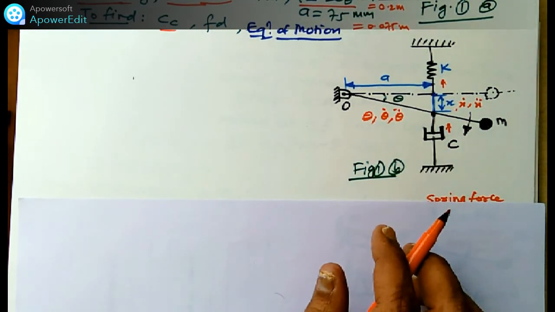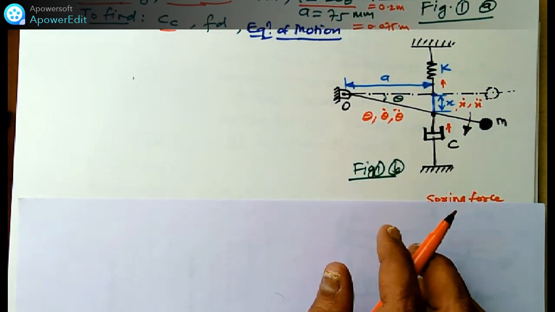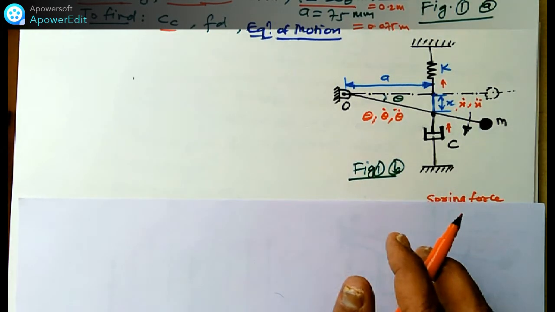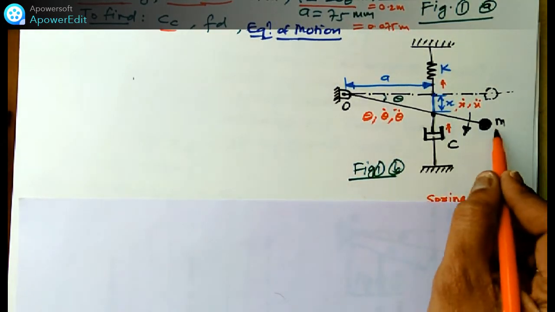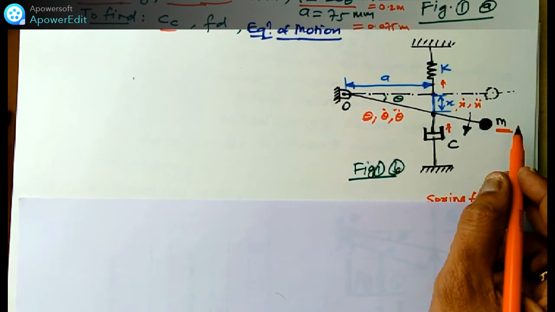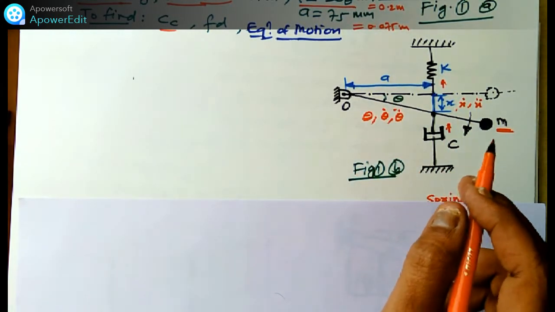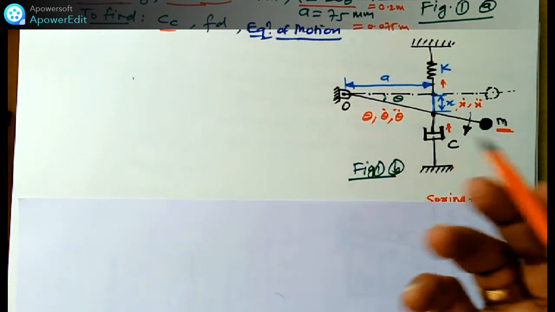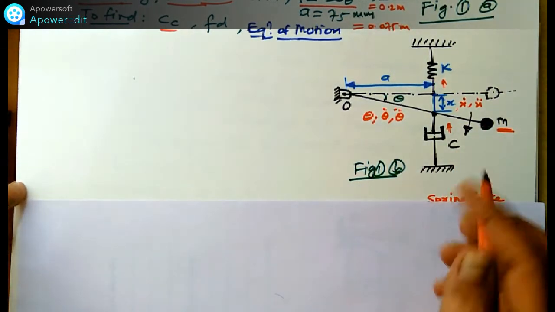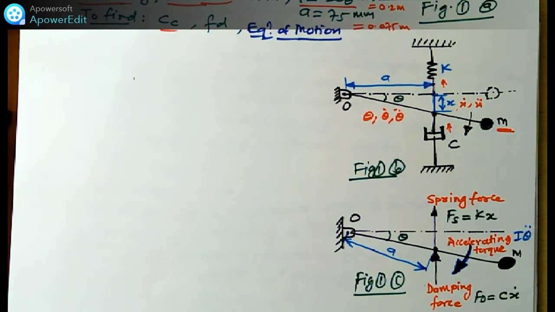So how to solve this equation? Form the equation: this mass m is displaced by angle theta, and this is the damping force, and I have drawn this FBD. This is the FBD diagram. It must be clear to you from this FBD.